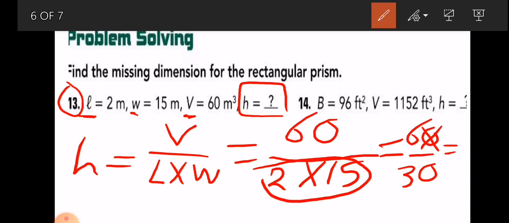Cross 0 with 0. And 6 divided by 3 equals 2. And my unit is meter. Do I need to put squared or cube? No, because this is just the height, not area and not volume. So it's 2 meters.